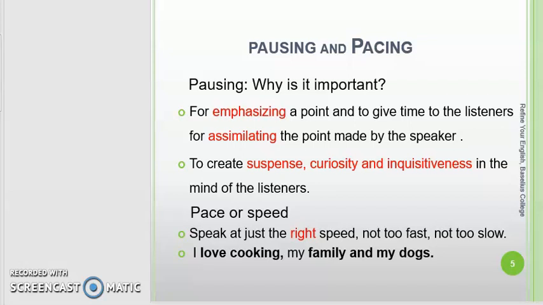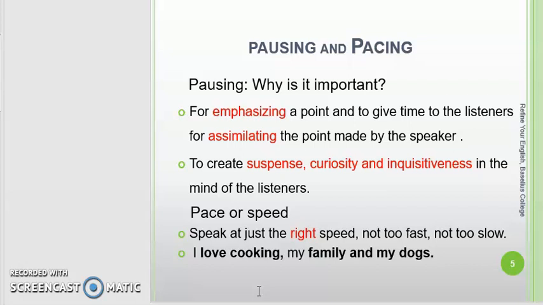For example, in the sentence I have written here, there's a comma after cooking. If not, just imagine what the meaning would be. I'll say aloud this line so that you can understand the difference. I love cooking my family and dogs. I spoke this without any pause, very quickly. And the listener would be shocked to understand that I love cooking my family and dogs.